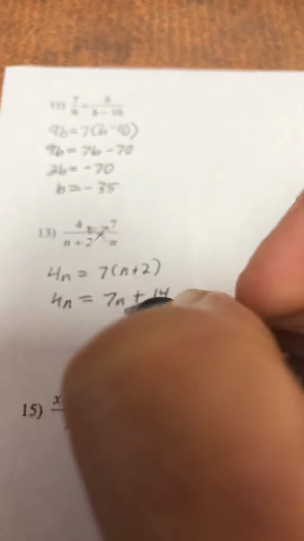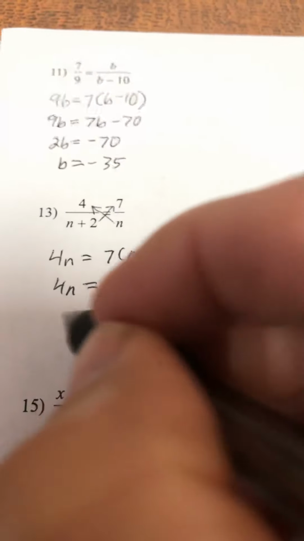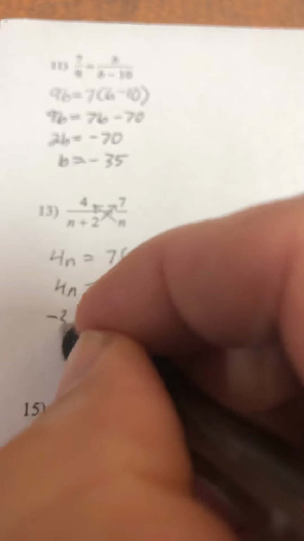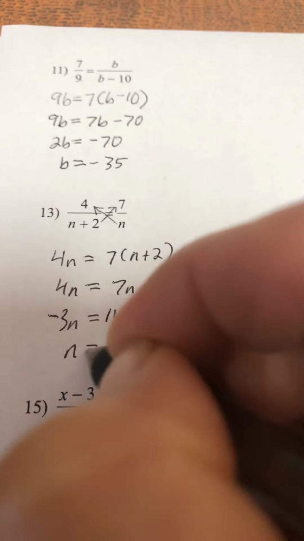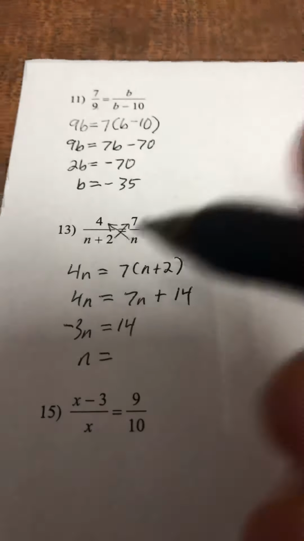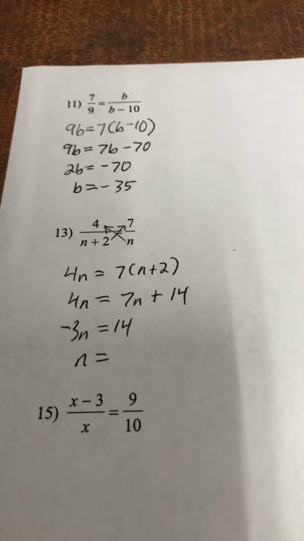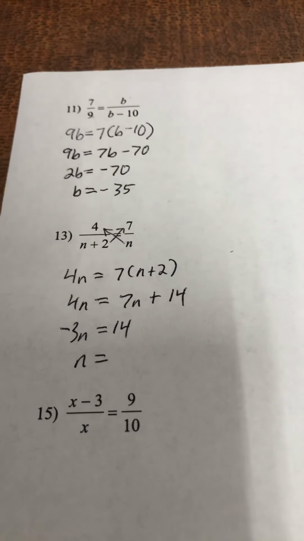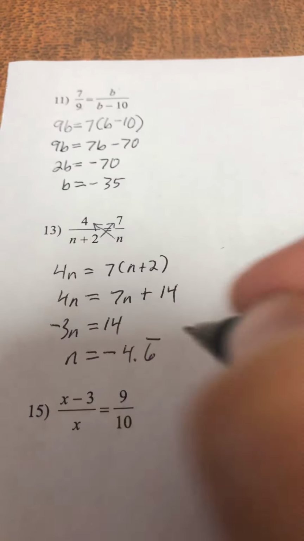I don't usually like to deal with negatives, but this time I am. So I get negative 3n, and this equals 14. And then n is going to equal 14 divided by negative 3, which gives me negative 4.6, and that repeats.